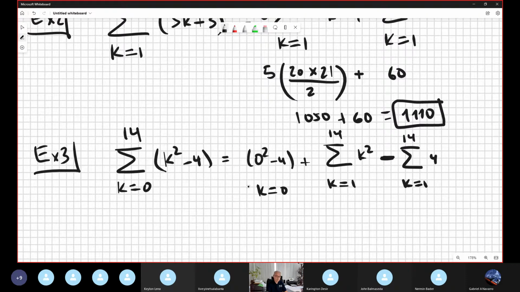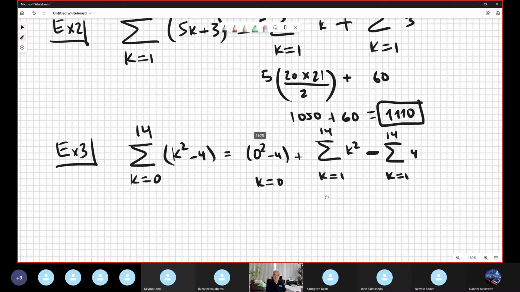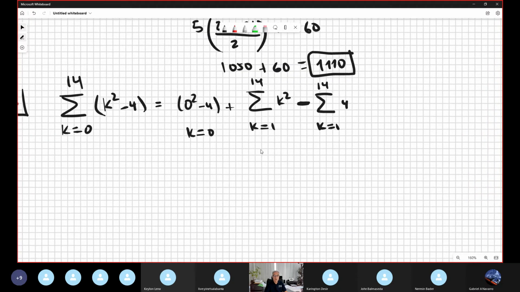This is negative. Make sense? And this is obviously negative 4. This guy is negative 4: 0 squared minus 4. And this one is using the formula.